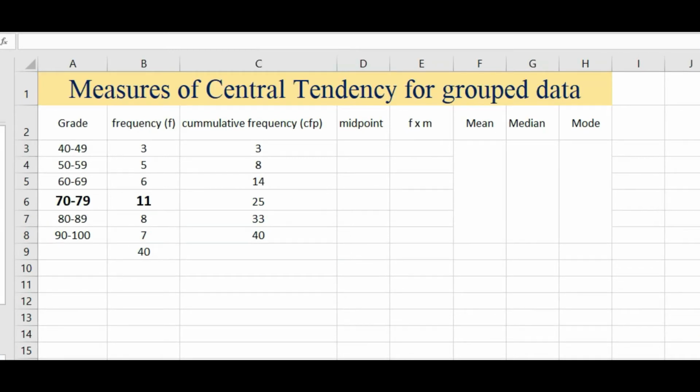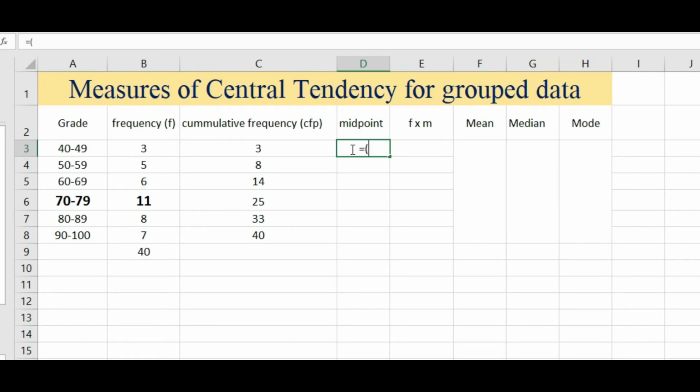So the next step would be solving for your midpoint. In solving your midpoint, this is the formula. You'll add the lower limit and the upper limit divided by 2. In your data set, the lower limit is these numbers, and the upper limit is these numbers. So now let's solve for the midpoint in the first set.